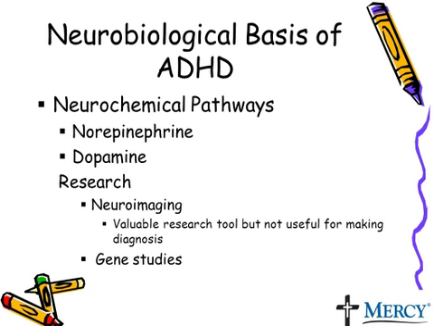One of the first studies that was done, looking at the biochemistry, I think proved to people that there is a biological basis. They did PET scans of adults who were parents of children with ADHD. These parents had symptoms but had never been treated.